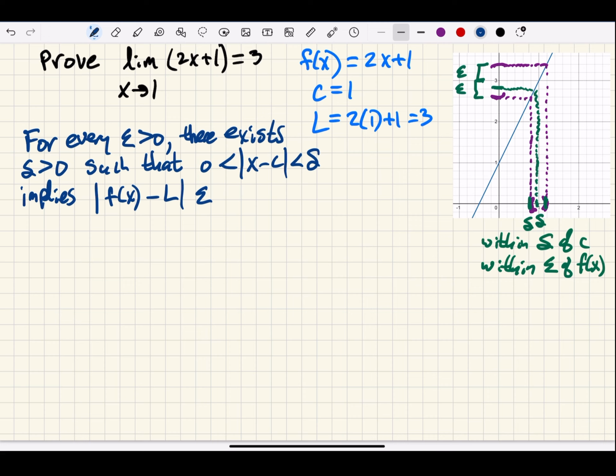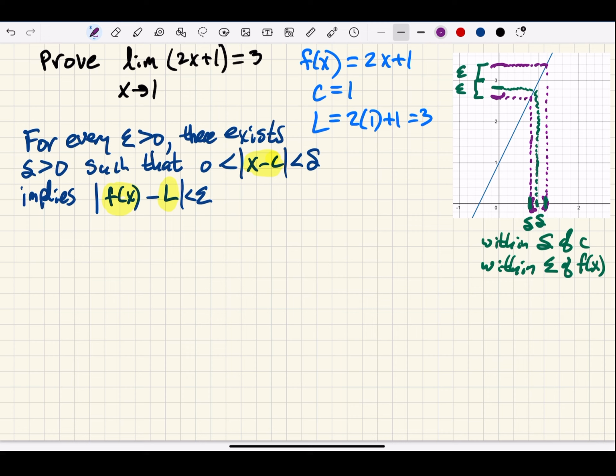So in other words, if the distance between any x value and c, and in this case c is 1, is less than delta, it implies that the function value corresponding to that x value minus the limit is less than epsilon. So how do we do this?